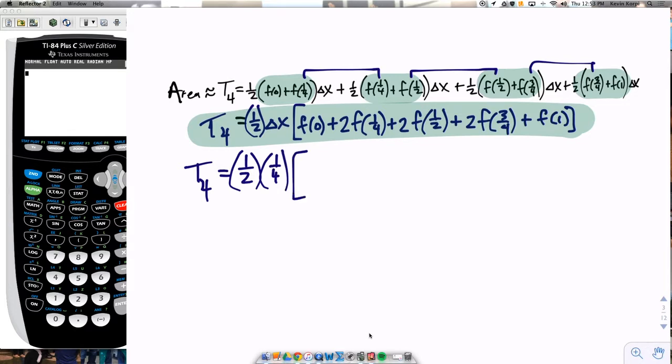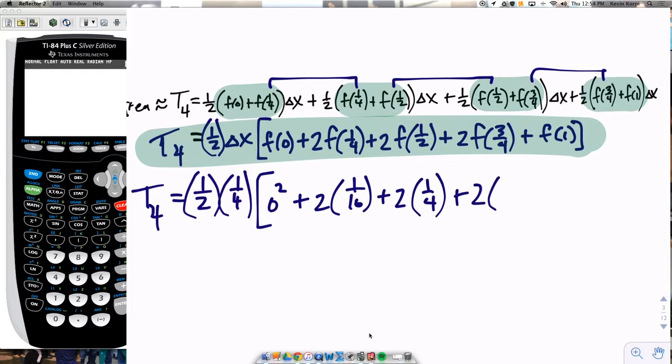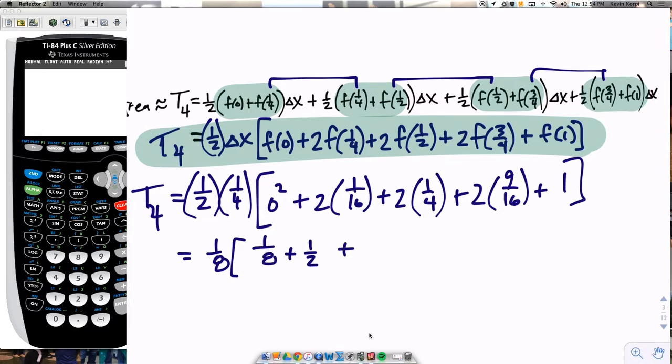And our function is x squared, so we're squaring our input. So here we go. 0 squared plus 2 times 1/4 squared is 1/16, plus 2 times a half squared is a fourth, plus 2 times 3/4 squared is 9/16, plus 1 squared is 1. So that ends up being an eighth times, let's see, we get 1/8 plus 1/2 plus 9/8 plus 1.